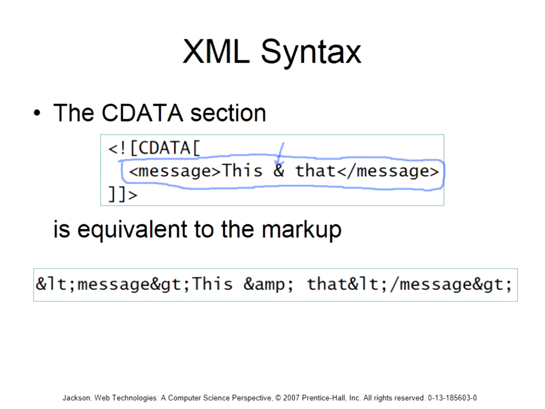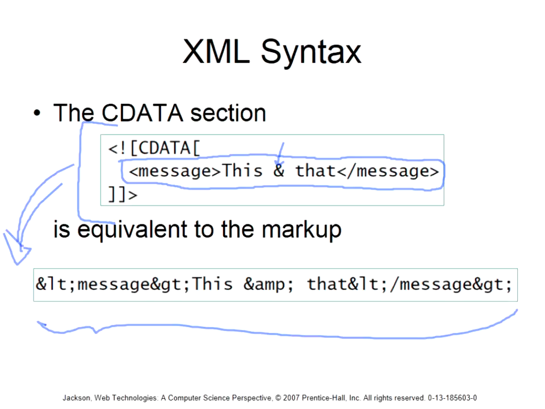If we include this message between begin CDATA and end CDATA, that means this message will be considered as characters. So all this is equivalent to writing in an XML document this text.